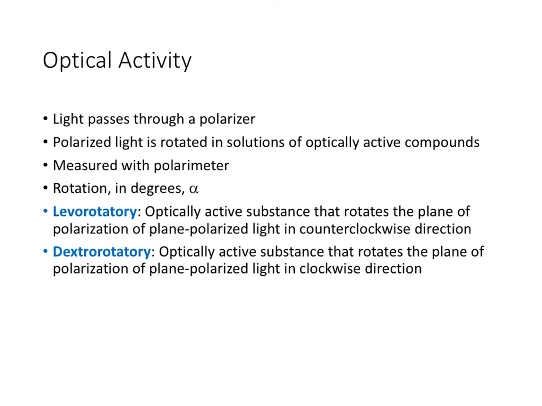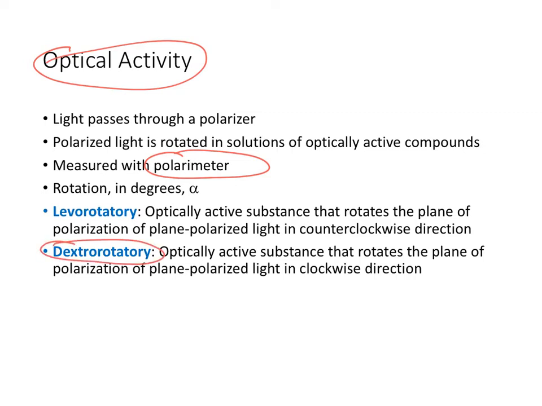Chiral compounds possess optical activity. In this, light passes through a polarizer. Polarized light is rotated in solutions of optically active compounds, and that's measured with an instrument called a polarimeter. Levorotatory are optically active substances that rotate the plane of polarized light in a counterclockwise direction.